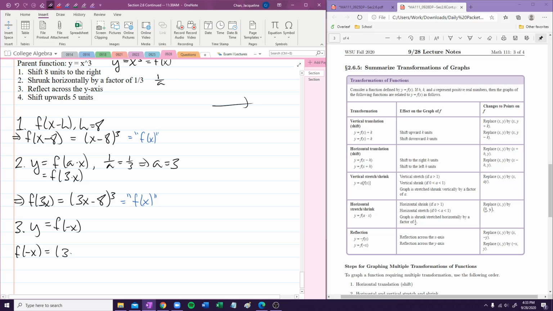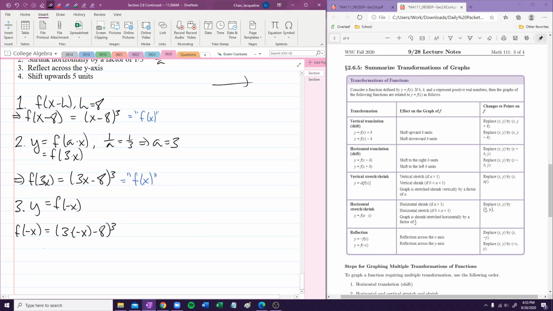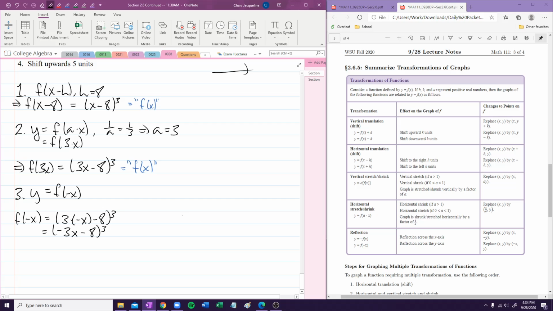So this is 3 times negative x minus 8 cubed. But I can simplify this. This is going to be negative 3x minus 8 cubed, and again this is my new f of x.